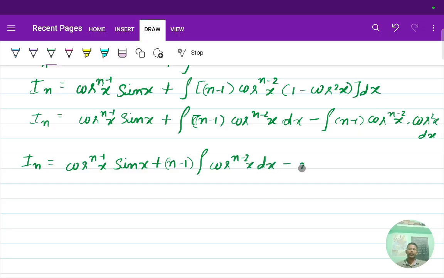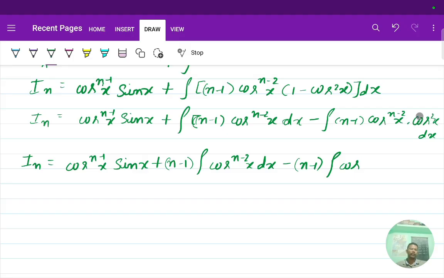Here also I will take n minus 1 outside, then n minus 1 into integration cos power, here cos x into cos x. When the bases are the same in multiplication, you have to add the powers.